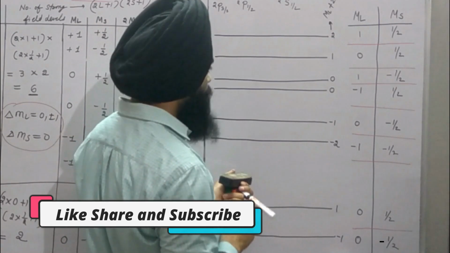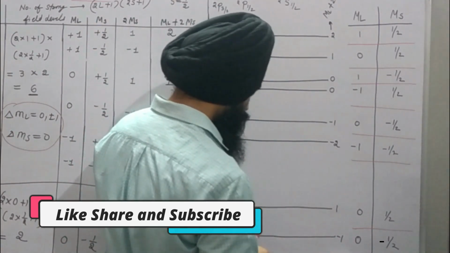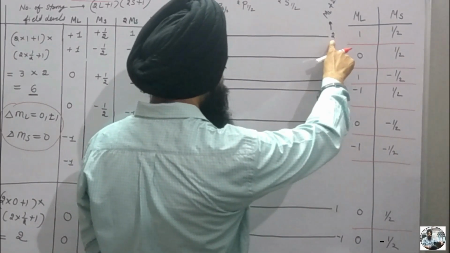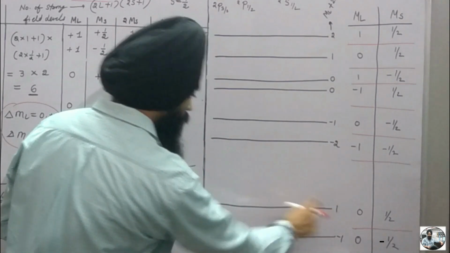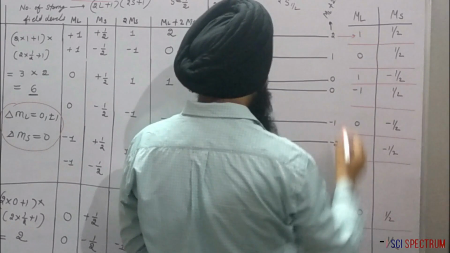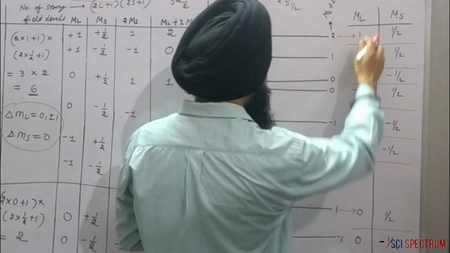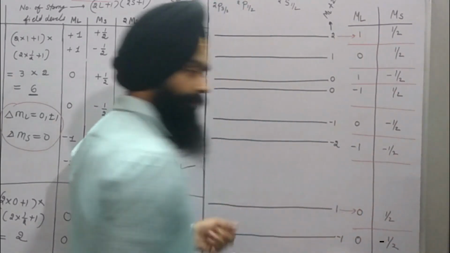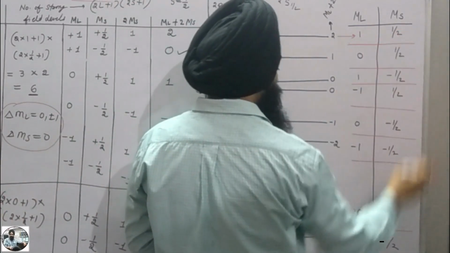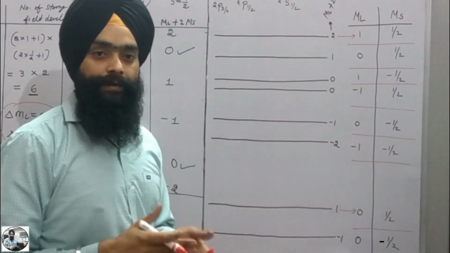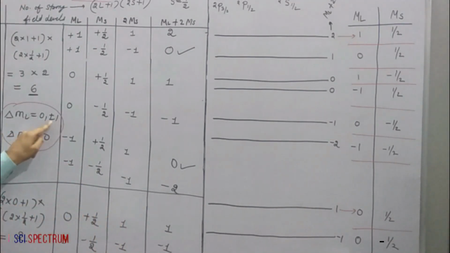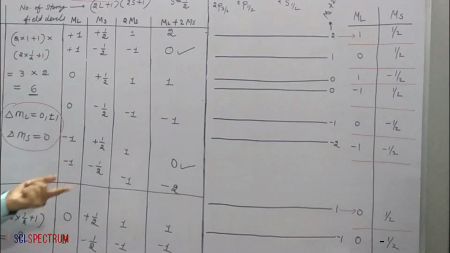For delta ml is equal to plus 1, we will use 2 to 1. Here you see corresponding to 2 value ml value is 1, corresponding to 1 value ml value is 0. 1 minus 0 is 1 and ms value is half and half. Half minus half is 0. So accordingly we have delta ml is equal to plus 1 and delta ms is equal to 0.